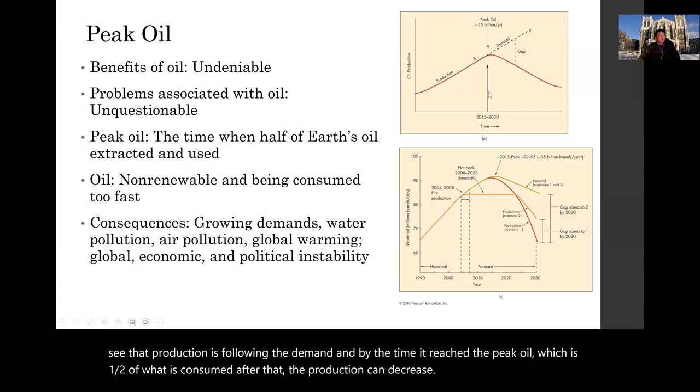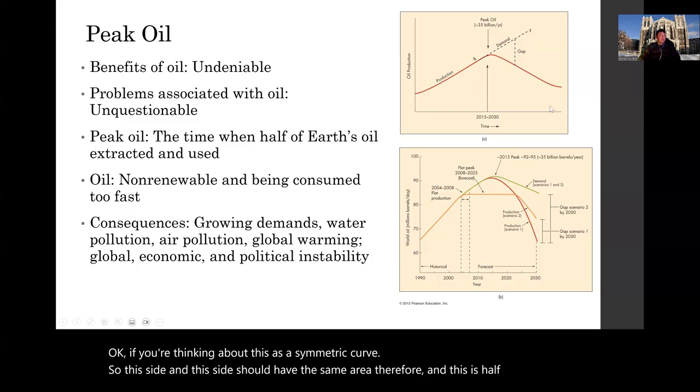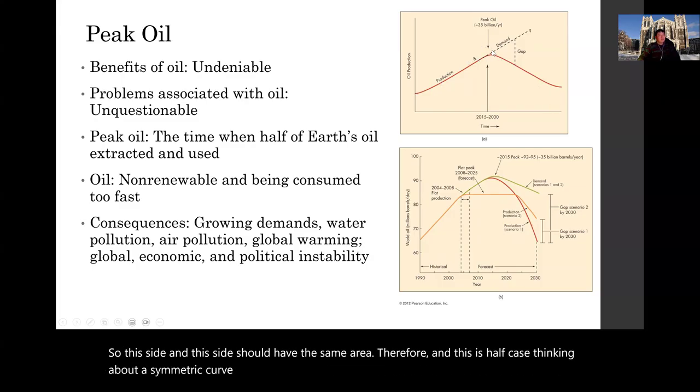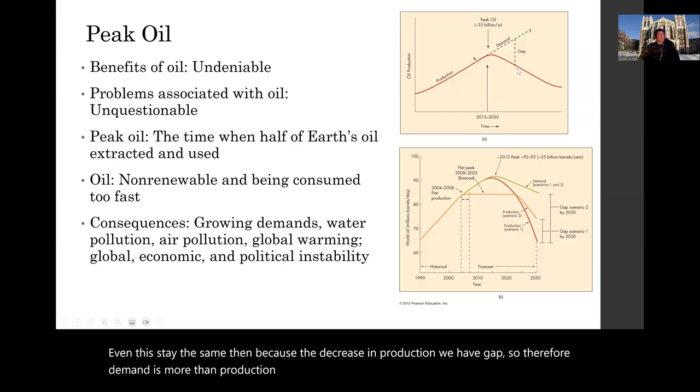If you think about this as a symmetric curve, this side and this side should have the same area. Therefore, this is half. And after that, the demand will probably increase, or even if it stays the same, there is a decrease in production. So demand is more than production, which drives the oil price. It gets more and more expensive.